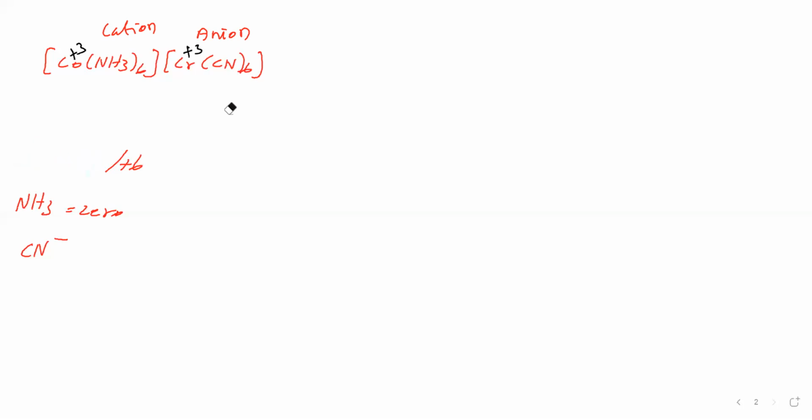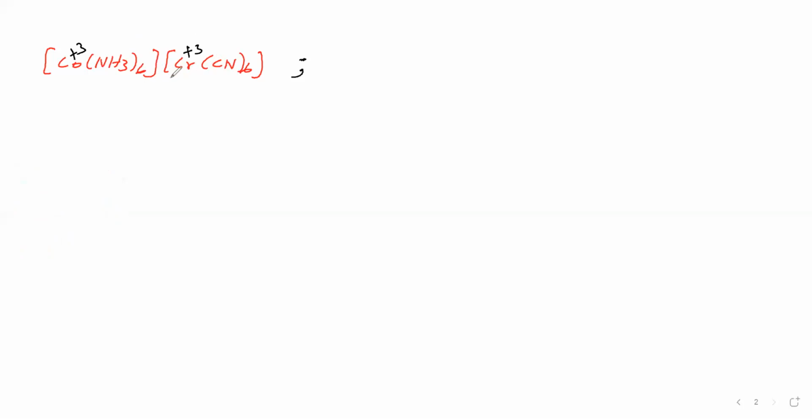Now in this complex compound, cation is complex, anion also complex. So we have taken a complex compound in which both are complexes. Now let us interchange ligands.